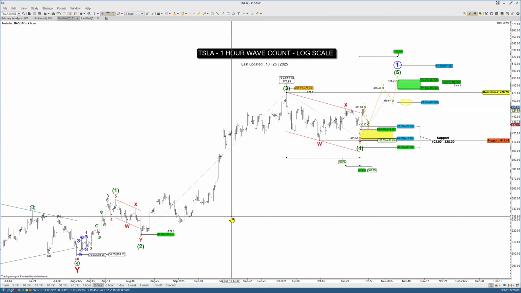I tried doing it, but it's not easy to run a wave count on software which is not fully programmed with all those conditions. It's just simple generic charts.